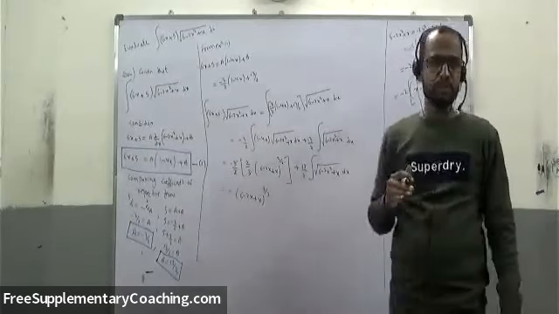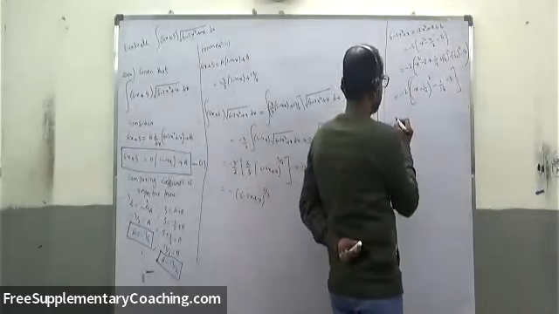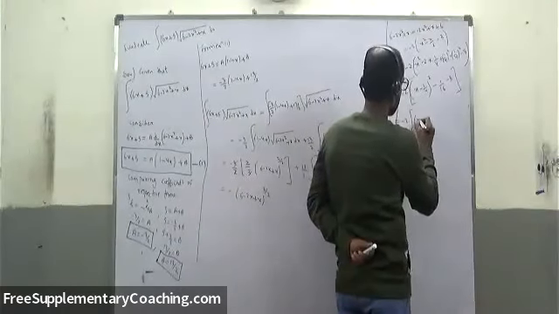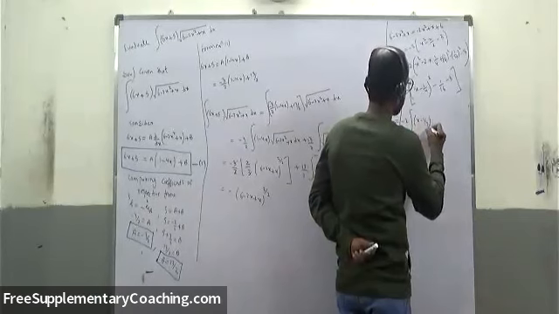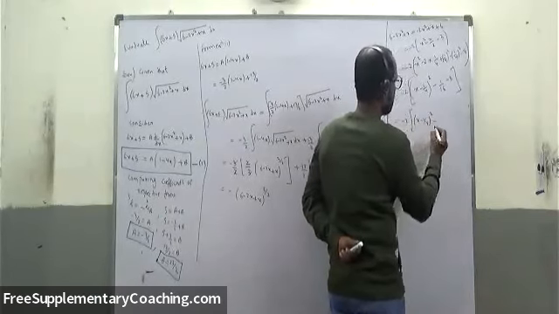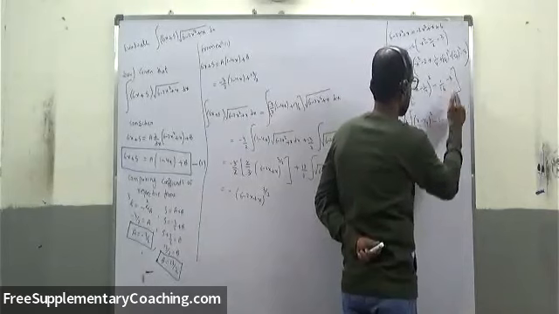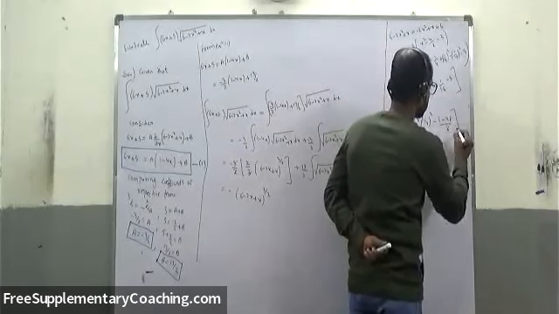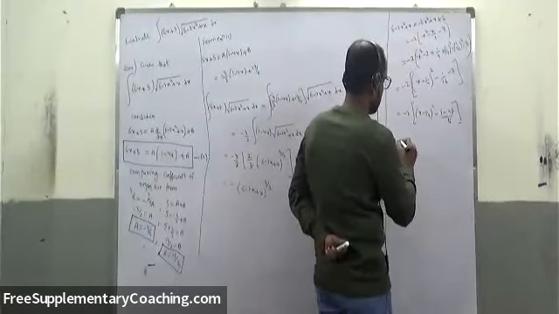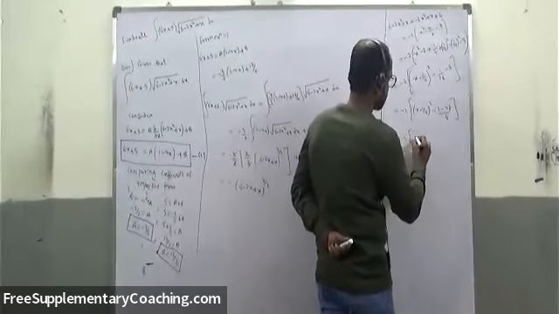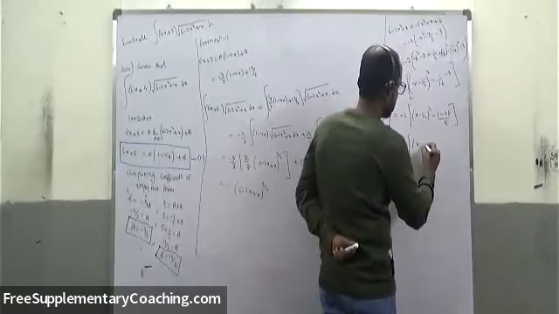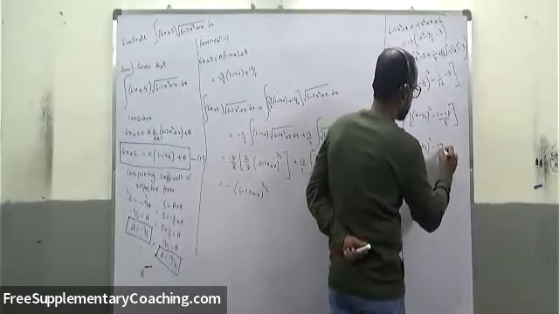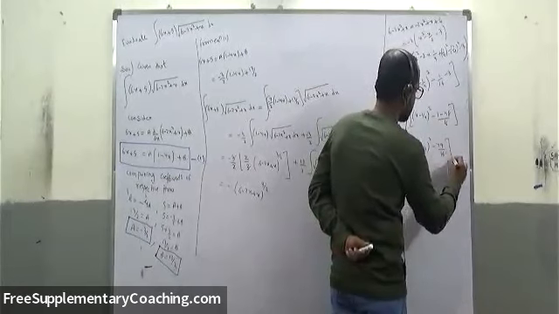Now simplifying: minus 2 in the bracket, x minus 1 by 4 square, minus 1 by 16 minus 3, which is 49 by 16. So this is minus 2 times x minus 1 by 4 square minus 49 by 16.